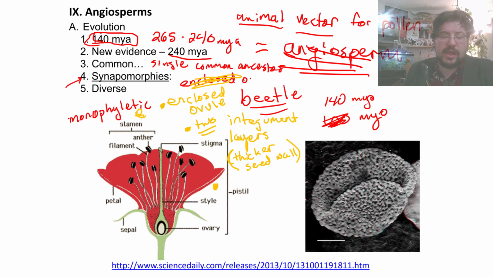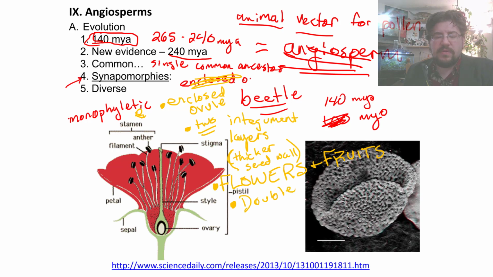Oh, a huge one! Angiosperms are flowering plants. So flowers and fruits. This is an angiosperm thing. And another really fascinating one that we will go into detail about is double fertilization.